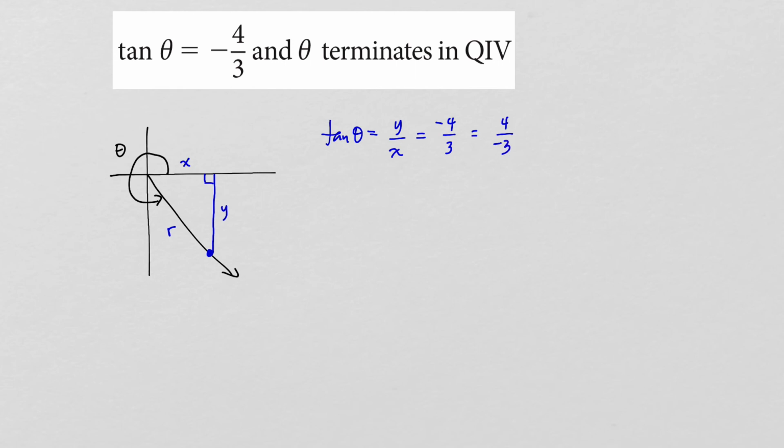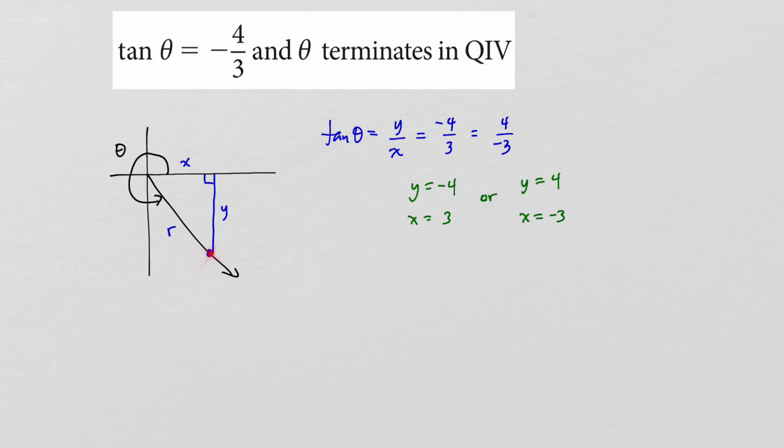So one way to think about this is y would be negative 4 and x would be 3, or y could be positive 4 and x could be negative 3. And again, these aren't our only two choices, right? I mean, I could have picked anything that gives us the same ratio. So for example, I could have chosen y equals negative 8 and x equals positive 6. But anyway, I'm going to go with the easier choices. So it's one of these two, let's say.